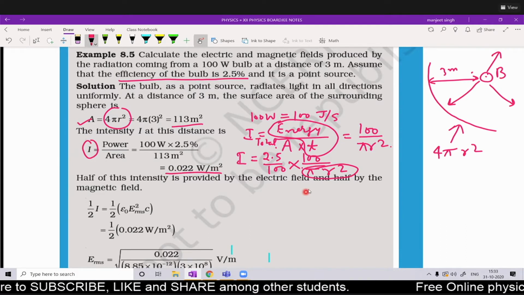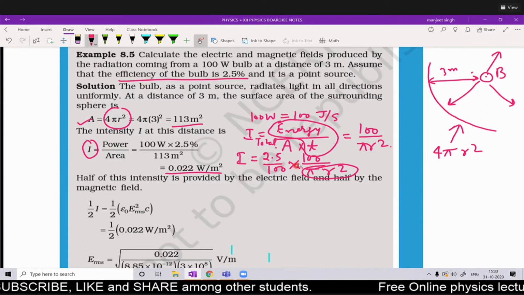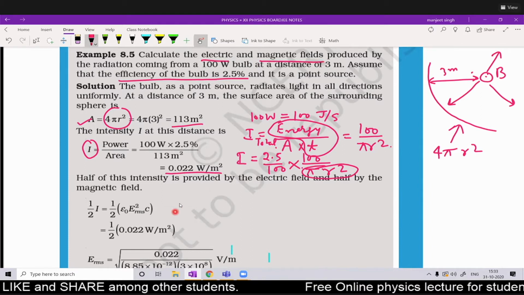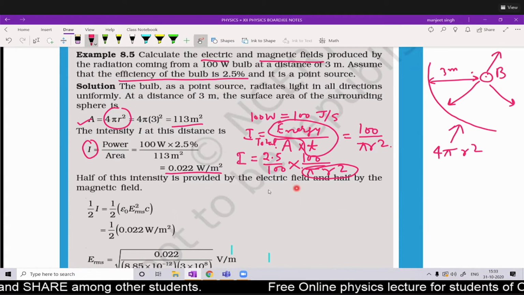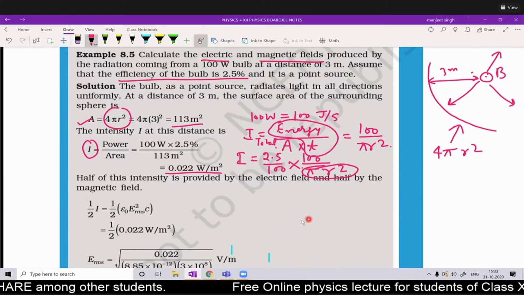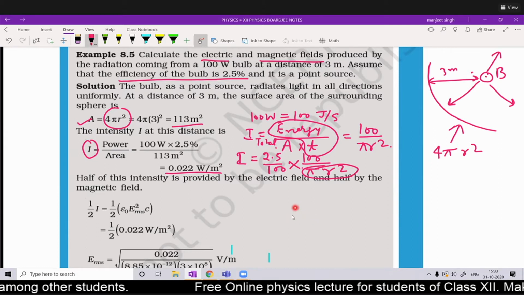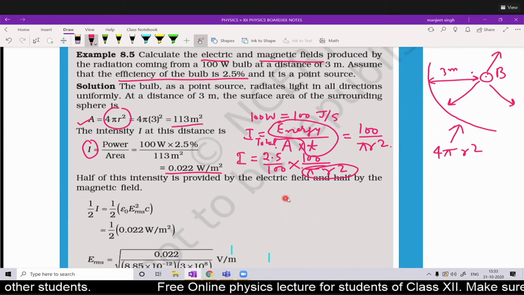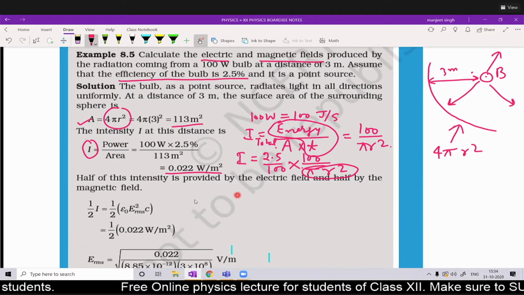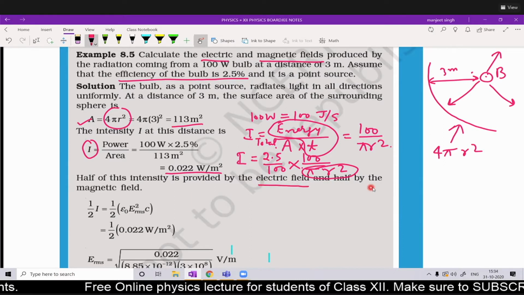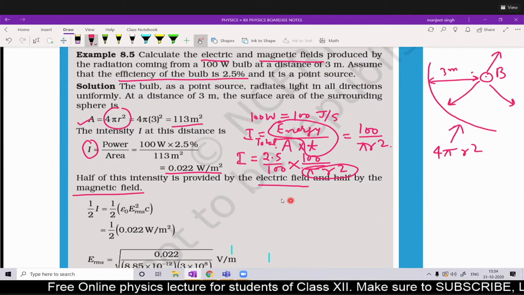This is the intensity. Now in this question, it is being asked to calculate the electric and magnetic fields. So electric and magnetic fields both constitute the electromagnetic energy wave. Half of the intensity will be provided by the electric field and the other half by the magnetic field.